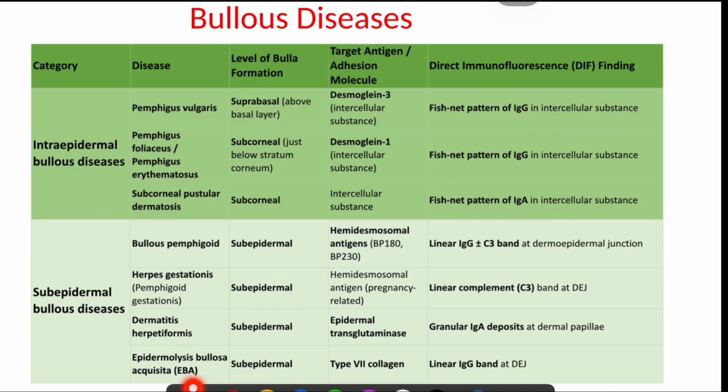In subepidermal bullous disease, mainly hemidesmosomal antigens, epidermal transglutaminase and type 4 collagen are targets, where in direct immunofluorescence there is a linear IgG-C3 band at the junction, linear complement C3 at the dermo-epidermal junction in herpes gestationis, granular IgA deposits in dermatitis herpetiformis, and a linear IgG band in epidermolysis bullosa acquisita.